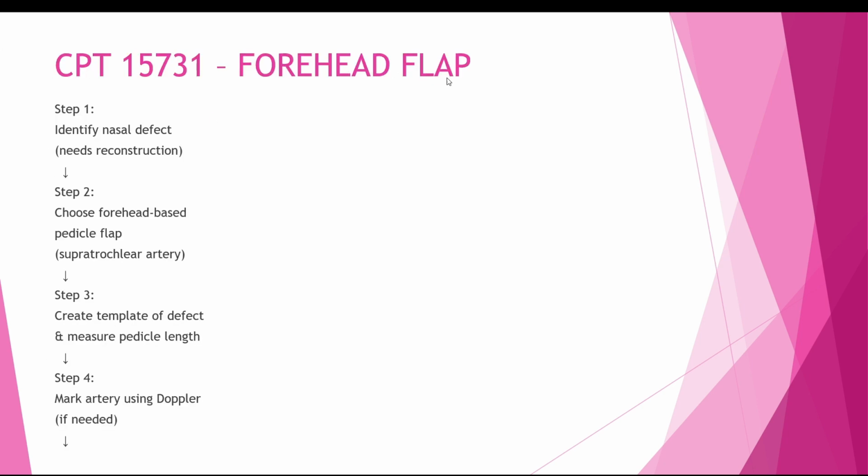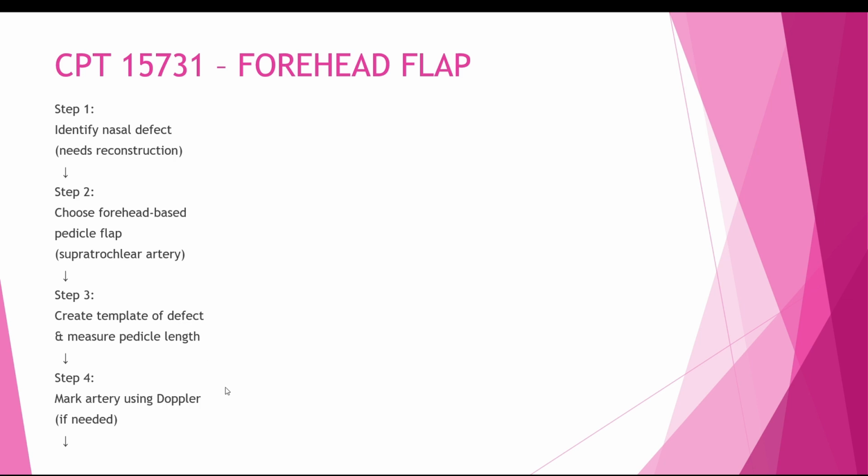Next we have the forehead flap. So what is a forehead flap? Here there is a nasal defect which needs reconstruction, and he is taking the flap from the forehead. Same thing, he will create a template of the defect and measure the pedicle length.